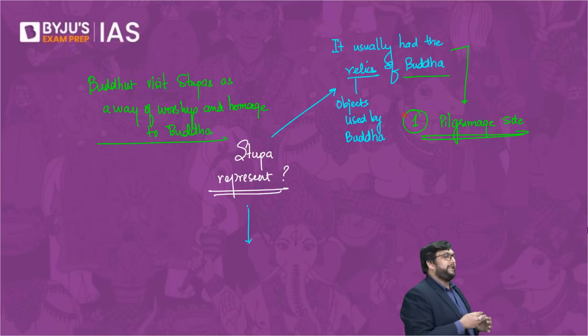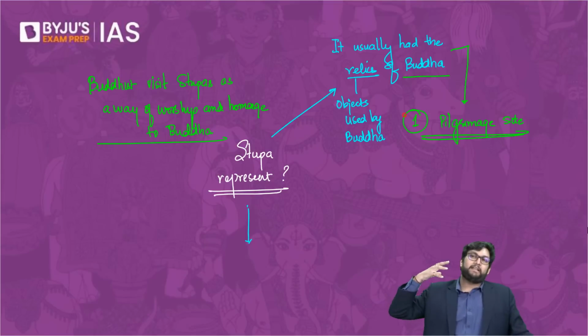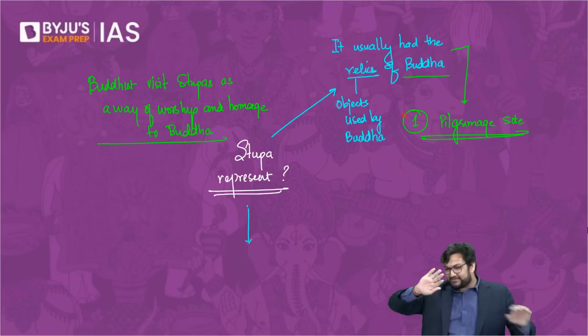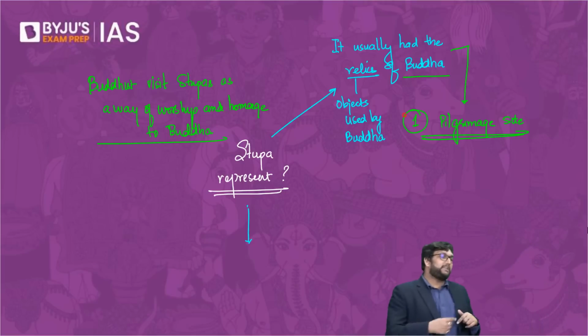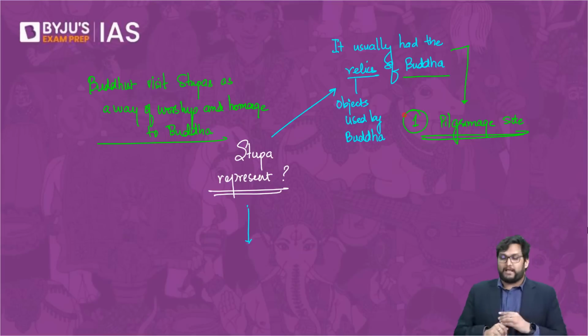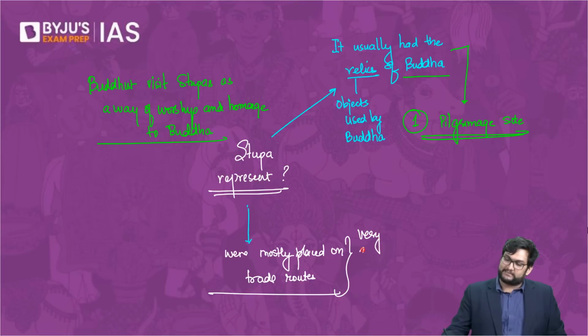And therefore, if stupas were only pilgrimage sites, then they would always be placed in very obscure places, on mountains, or somewhere out of the way. But the ironical thing about stupas is that they were mostly placed on trade routes, very accessible.